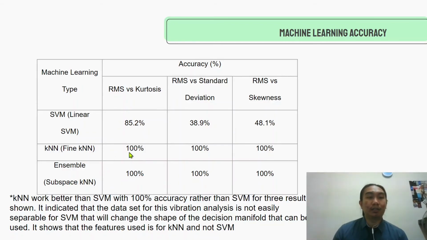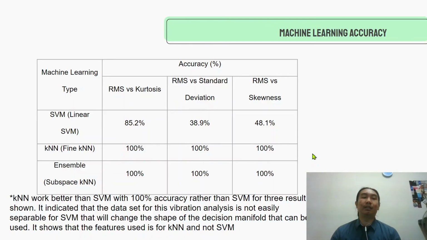It shows that the SVM got its highest accuracy at RMS versus kurtosis with 85.2, but KNN and ensemble both got 100% accuracy for all the tests. This shows KNN works better than SVM.